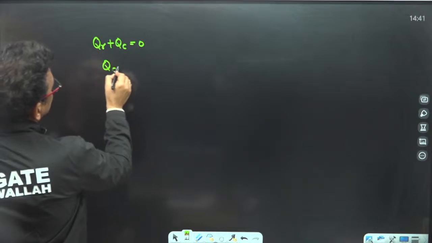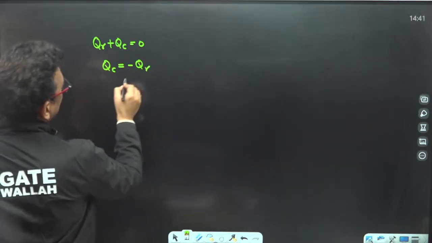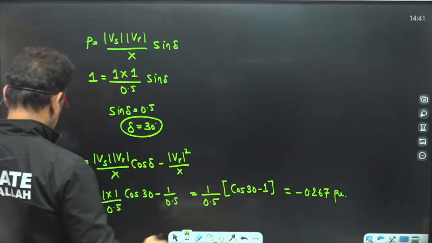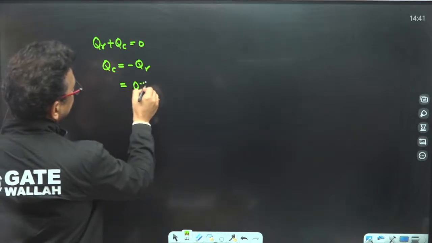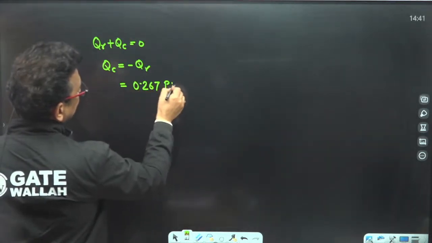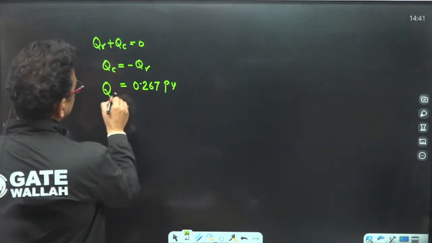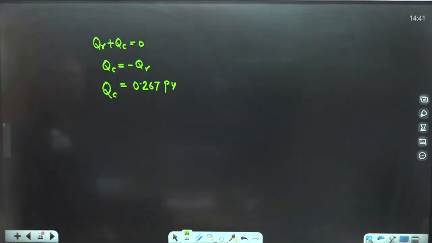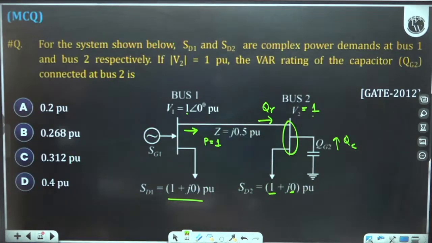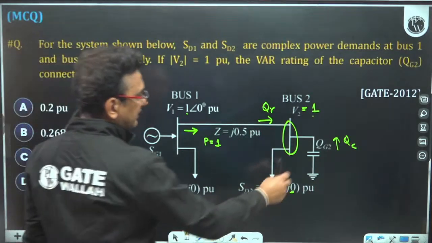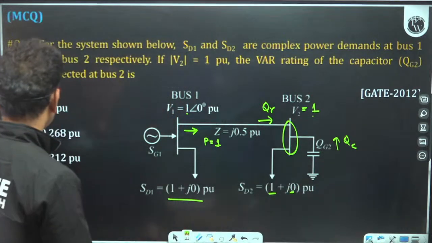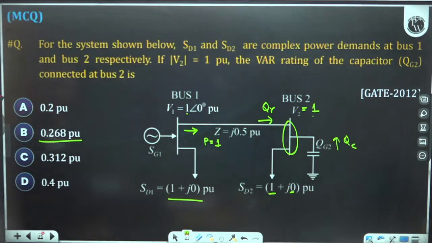So QC is nothing but minus QR, 0.267. So the capacitor must be able to supply 0.267 PU. So this is the rating of the capacitor in terms of reactive power, 0.267 or 0.268.